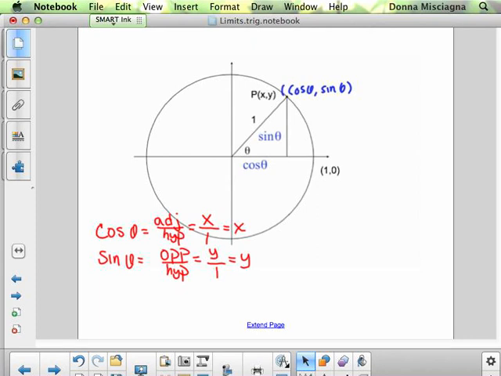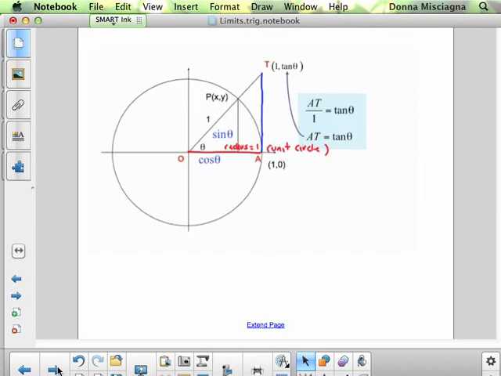Specifically, we're going to need some more triangles. Now, I could extend the adjacent side so that it was equal to the radius of the unit circle, which is 1. So now OA here is 1. So we know one side.